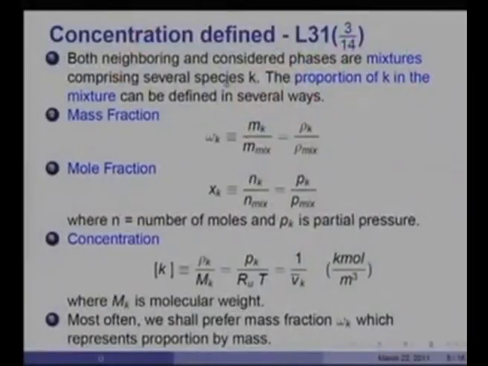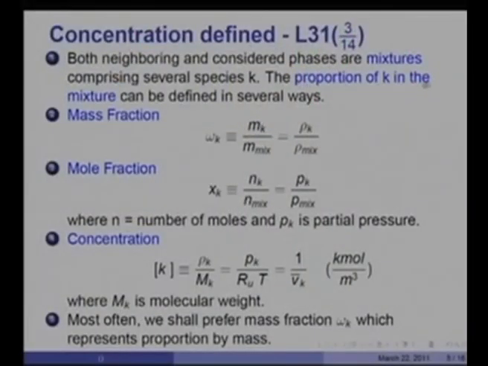So, both the neighboring phase and the considered phase are actually mixtures of several species, and it depends on the problem at hand how many species are involved in these two phases. Anything from one to several is possible. So, several species are involved.